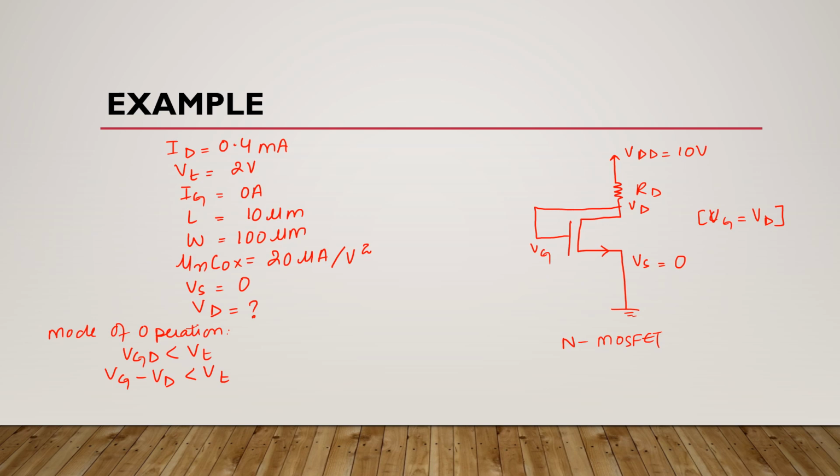It means this is VD and this is VD, so it is 0 and here we have 2, less than threshold voltage. Okay, it means this condition is satisfied. It means this transistor is in saturation mode.